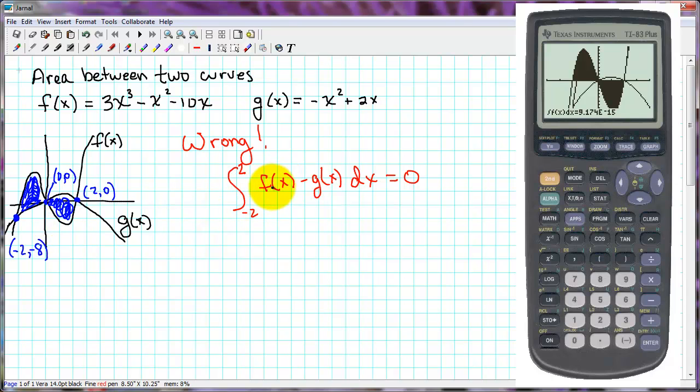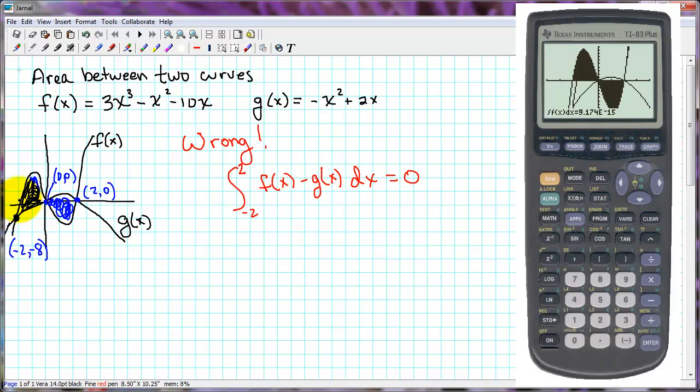So when we subtract in this order, we've got the bottom function minus the top. This is going to come out with a negative definite integral. And in this particular issue, the two halves of these lobes are symmetrical, so the two areas cancel each other out.